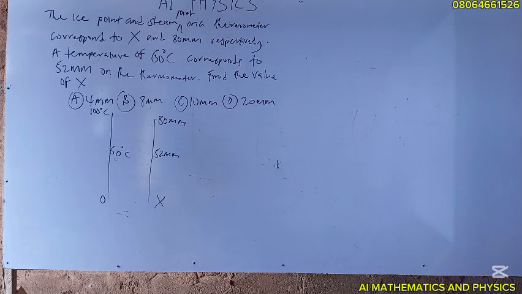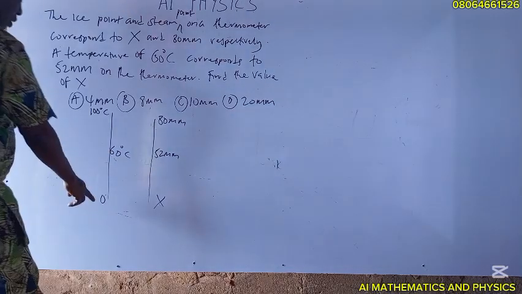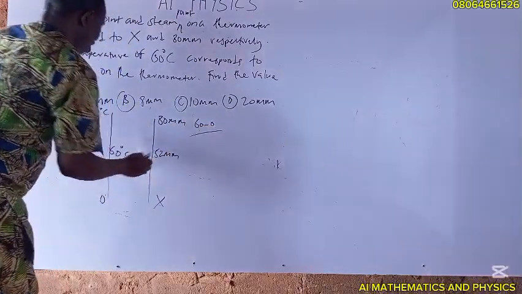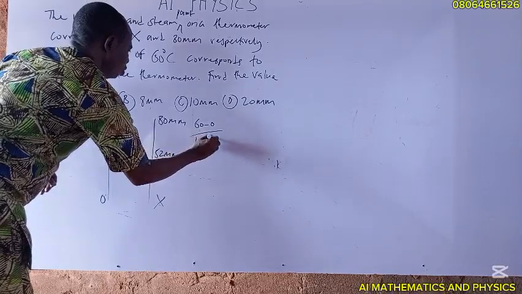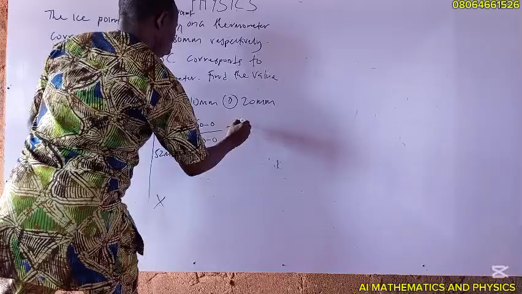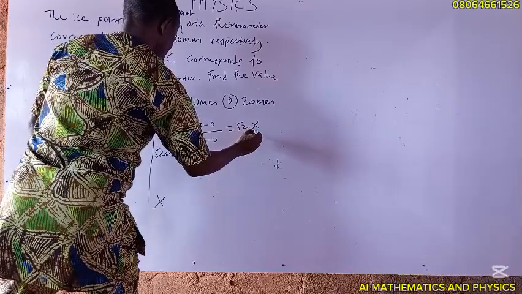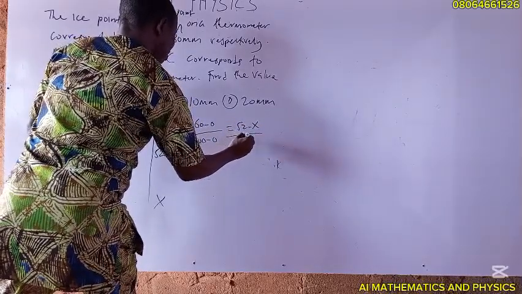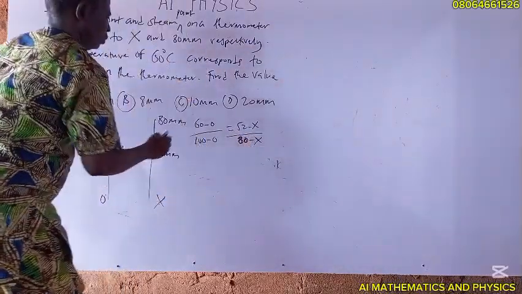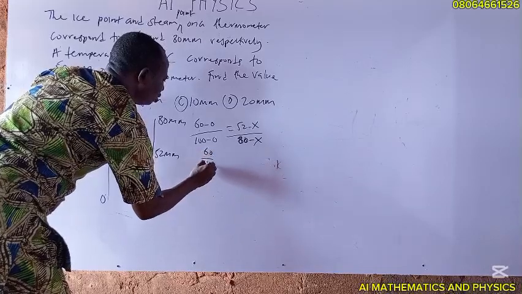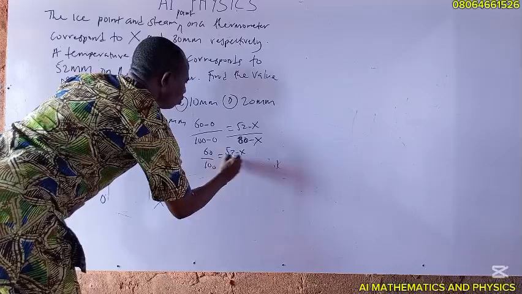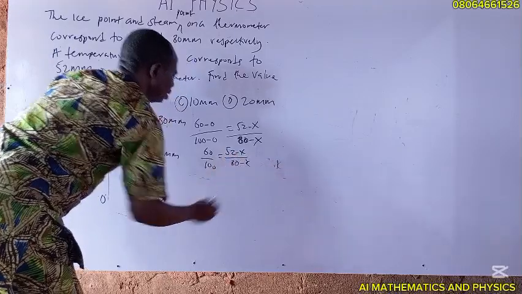This is just simple. Just use interpolation. 60 minus 0 over 100 minus 0 equal to 52 minus x over 80 minus x.